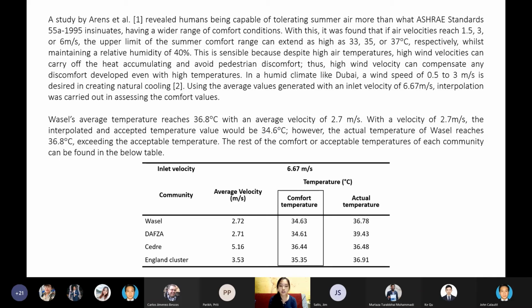I'll show you a brief example for Wasel. The velocity is 2.72, and the interpolated comfortable temperature would be 34.6. However, the actual temperature would reach 36.78, which means that it would exceed the comfort temperature. I have done that for all the communities here.